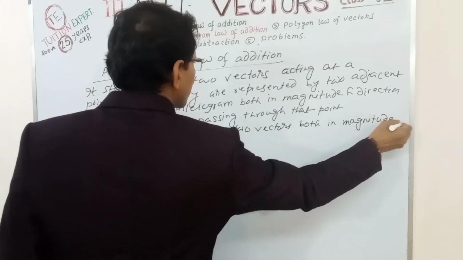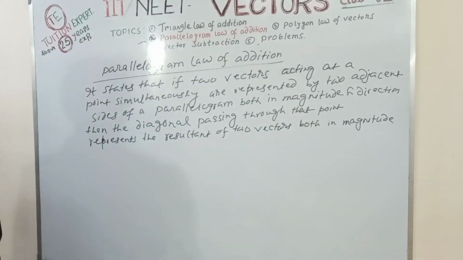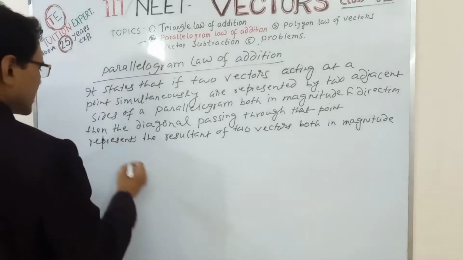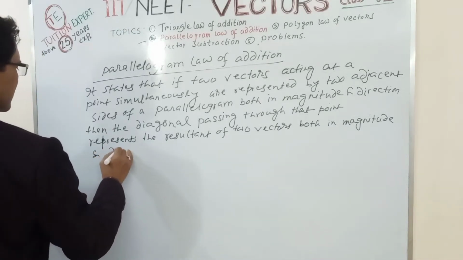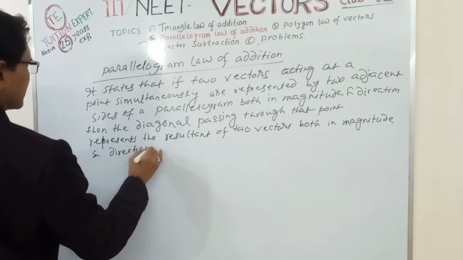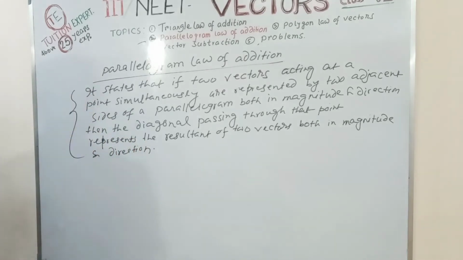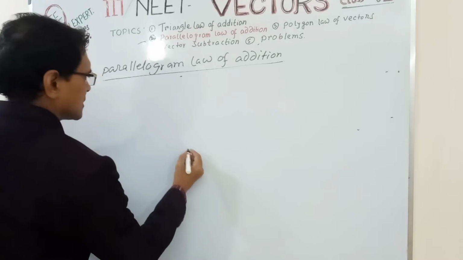That is, the diagonal represents the resultant of two vectors in magnitude and direction. This is the parallelogram law of addition. So this is the statement. Now we find.